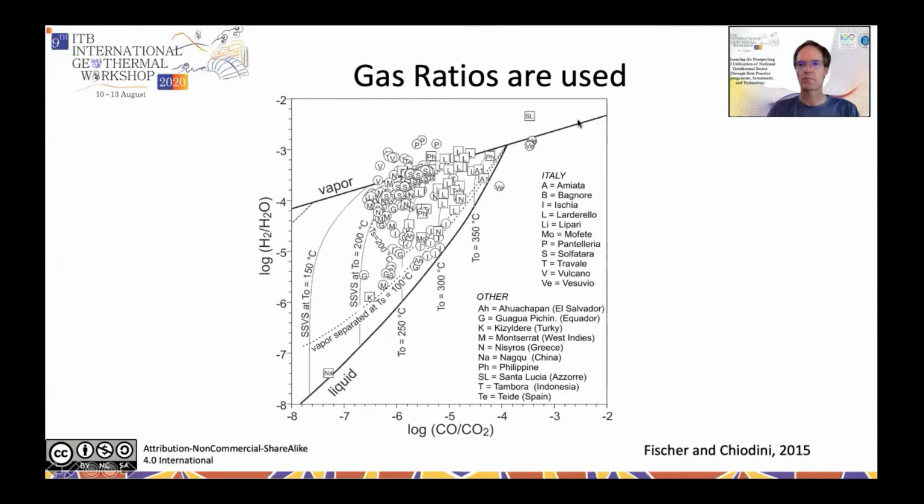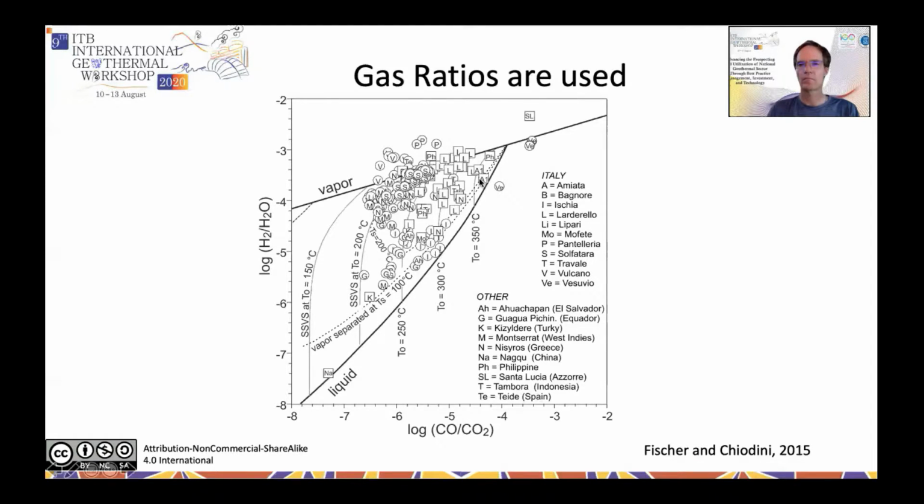Once you have that, you can plot your data, because your samples are analyzed for hydrogen and water contents and for CO2 contents, amongst all the other gas species that you might want to analyze for. What you see here is a number of data points from many different volcanoes all over the world. For example, we have Tambora here from Indonesia, and we can plot it on this diagram.